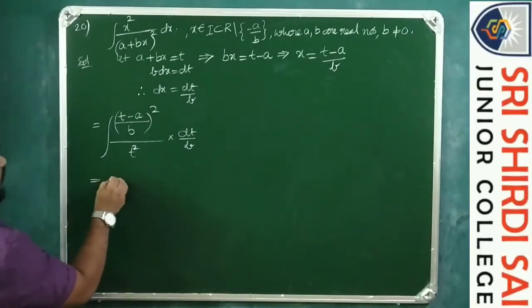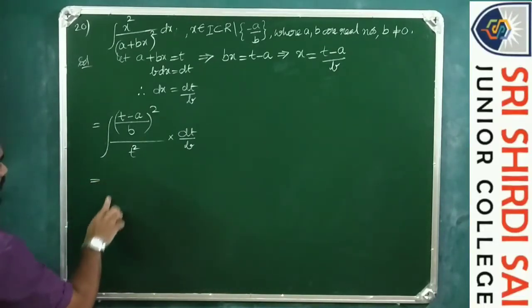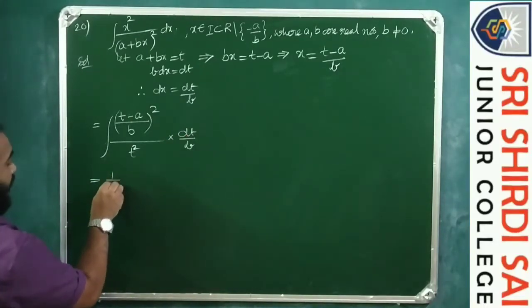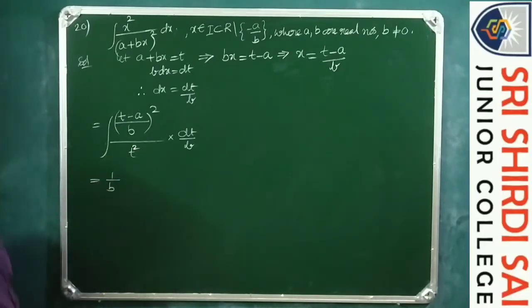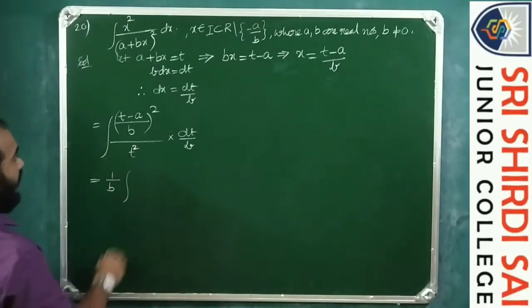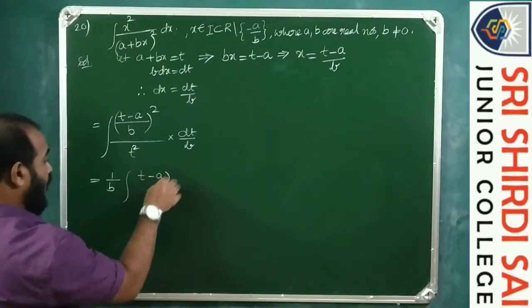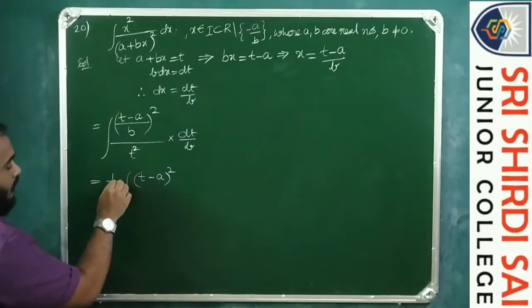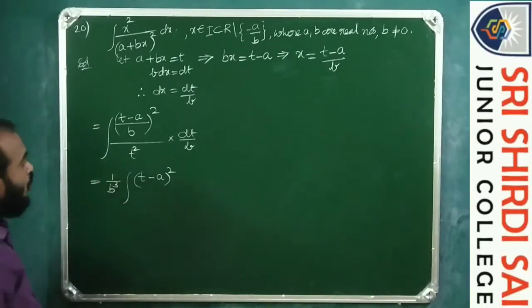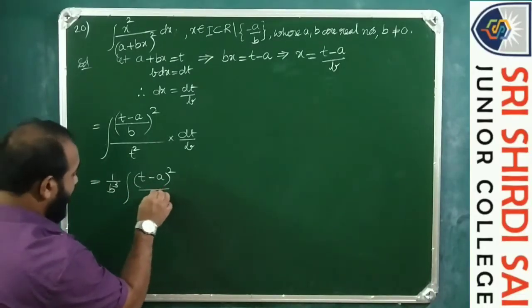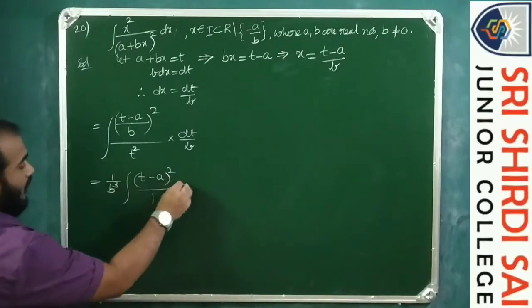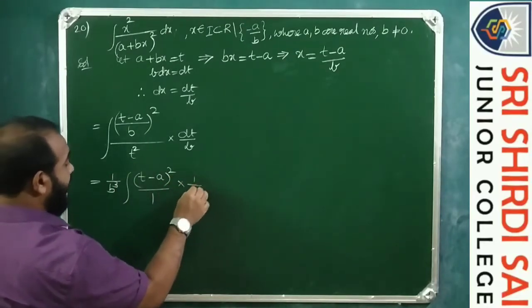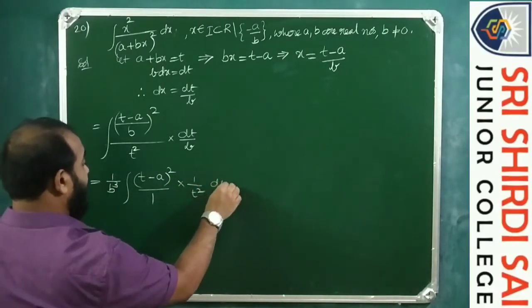So this is equals to integral, this 1 by b I am separating from the process of integration. So this is t minus a whole square, already 1 by b is there, into 1 by b square. So this is totally 1 by b cube into 1 by t square dt.